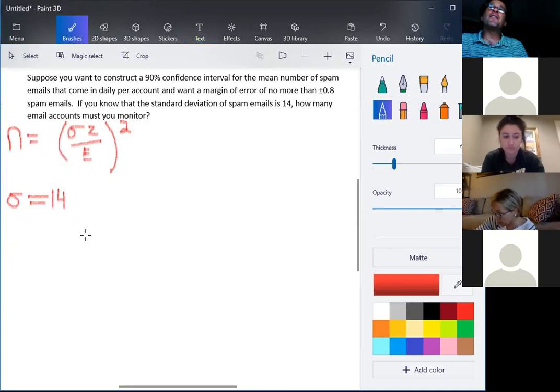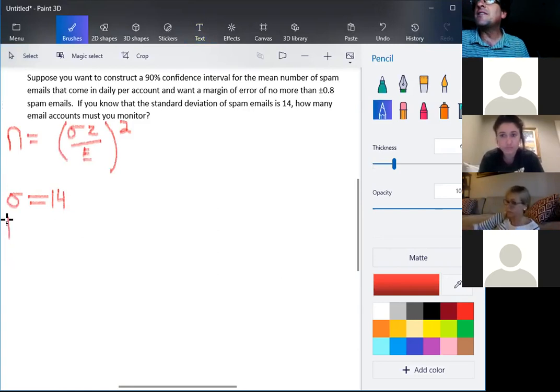You might look at a few examples, and you might see the range tends to be somewhere between 10 and 30 spam emails. Divide that range by 4, and that gives you a good estimate for sigma. It's not perfect, because you don't truly know sigma, but you can estimate it sometimes. That's the real world stuff.